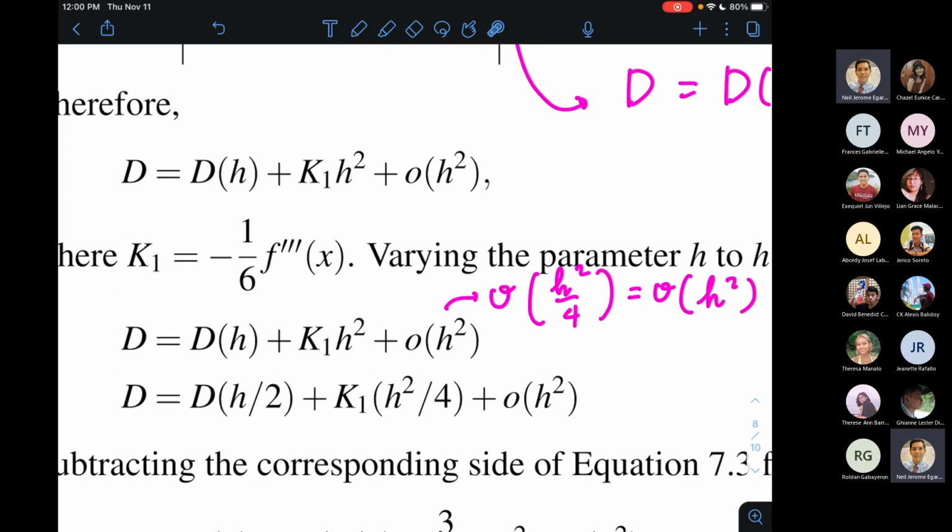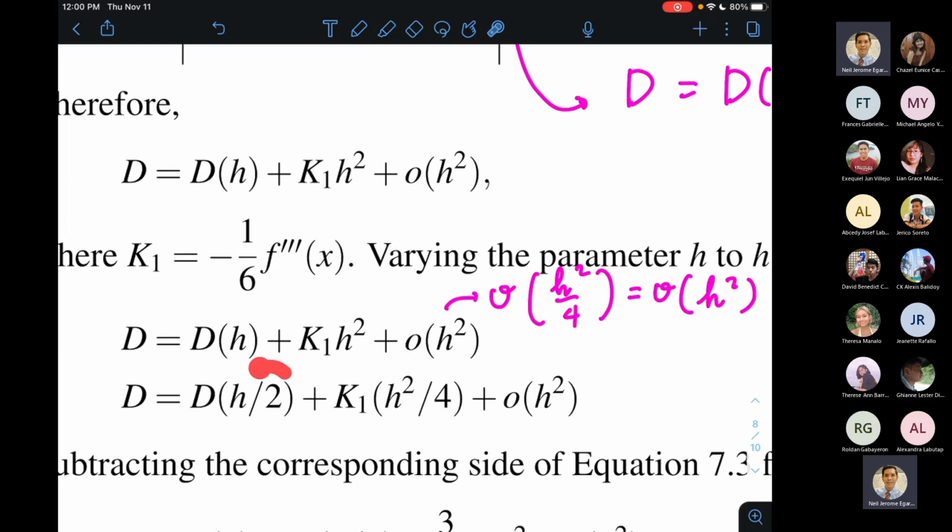So kaya medyo pahinay-hinay ko siyang babawasan. Kaya usual choice ay h over 2. Pwedeng h over 100, kaya lang baka lampas na yun sa number of significant digits carried by your computing application. Okay? So h over 2.